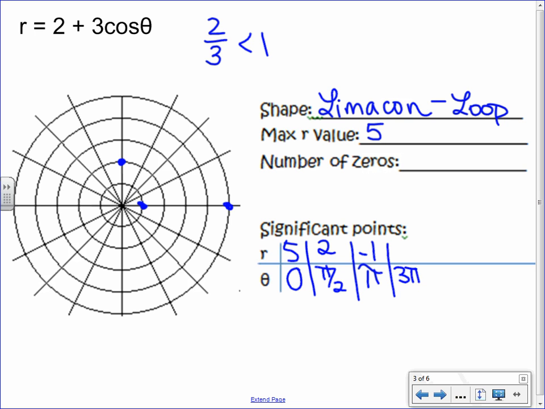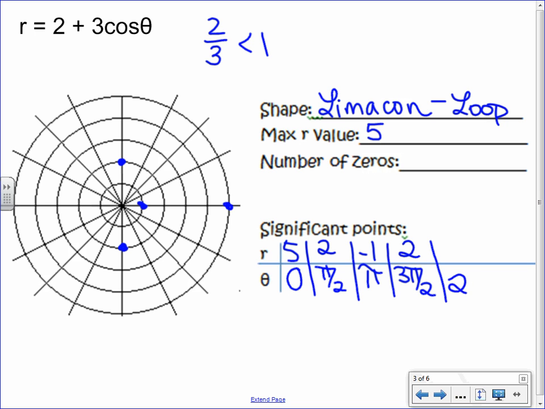Next, 3 pi over 2. Well, what's the cosine of 3 pi over 2? 0. So we just get 2. Because, so here's 3 pi over 2. And we go out 2. Okay. That needs to be negative.